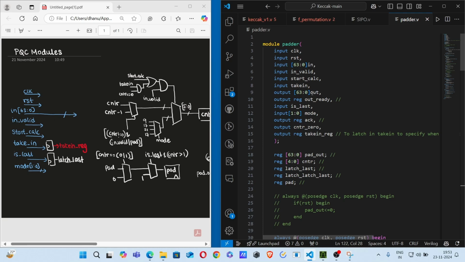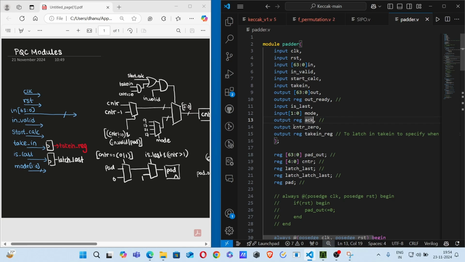There is a 64-bit output which is fed into the CPO module. There is one more output called out ready, which is high as long as the output is valid. There is an output called ACK, which is sent to the module, whichever module is giving the input, to say that it has successfully taken in the input.